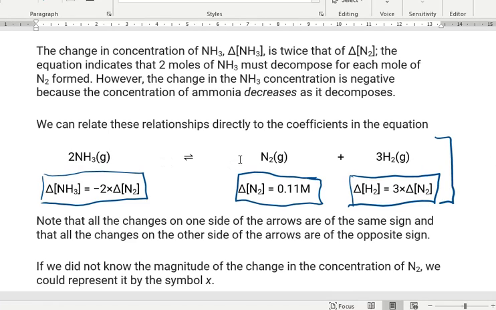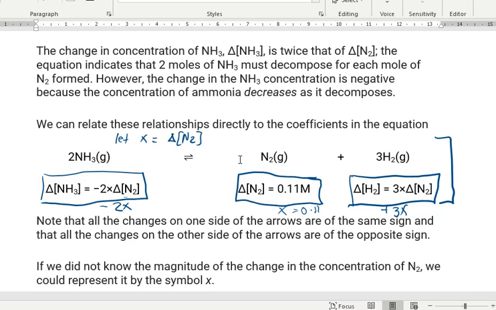So don't forget the reactants are negative because they are consumed. We let x be equal to the change in N2. That is why our answer here is negative 2x, then x, which is equal to 0.11, and positive 3x.